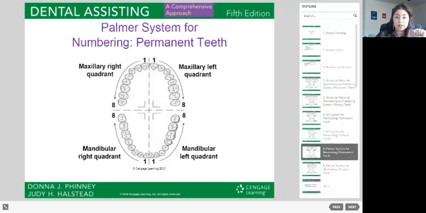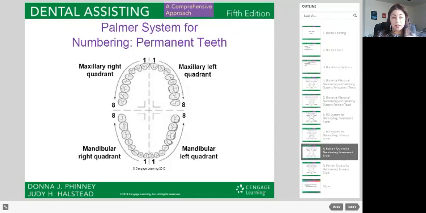Okay, the Palmer method, this is the one I was talking about with ortho. The maxillary right quadrant, how you would write it would be UR 1, upper right 1, all the way to upper right 8, upper left 1, lower left, lower right, and then the according tooth number on that one.